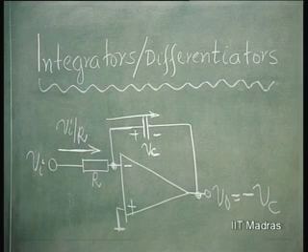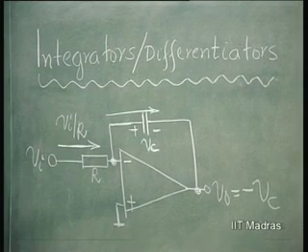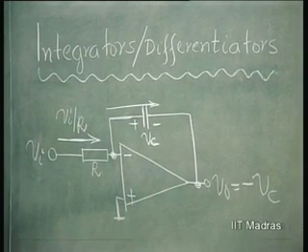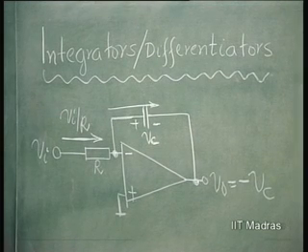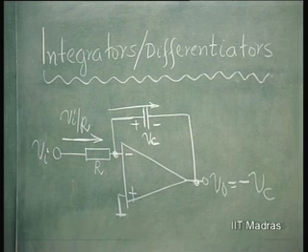So, let us consider first how integration is done or differentiation is done. Basically, the operational amplifier is going to be primarily used to convert voltage to current. Integration or differentiation can be done by using a capacitor or an inductor.